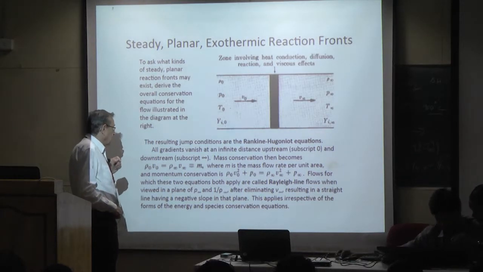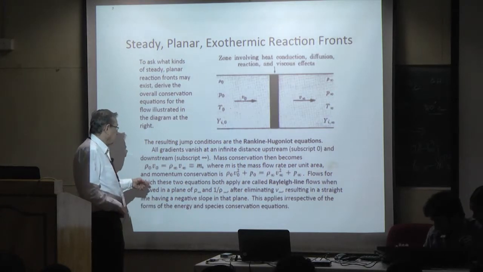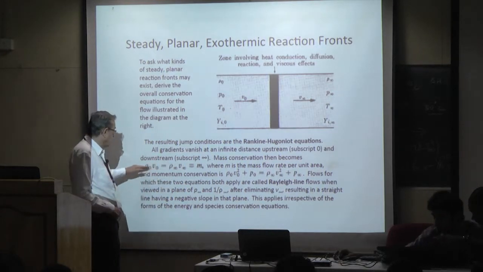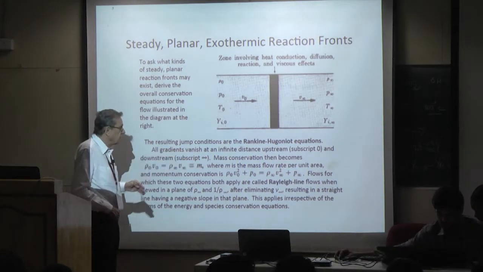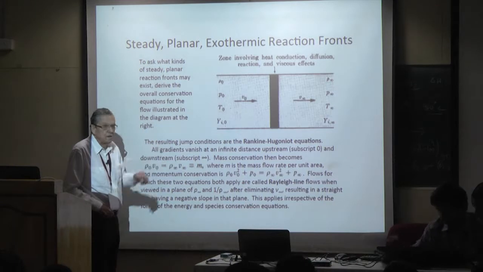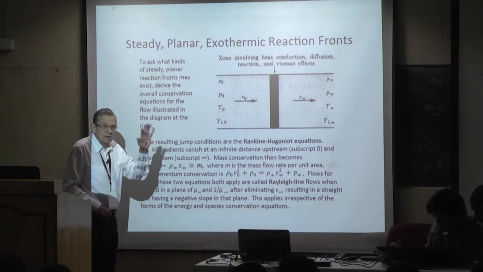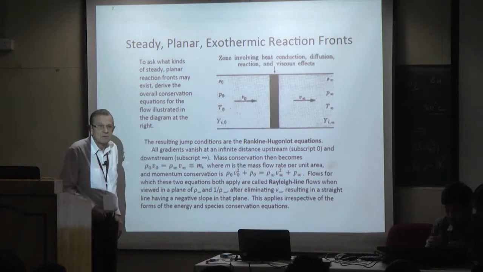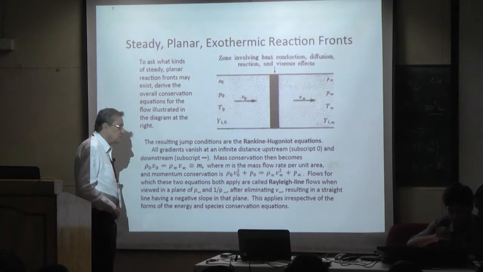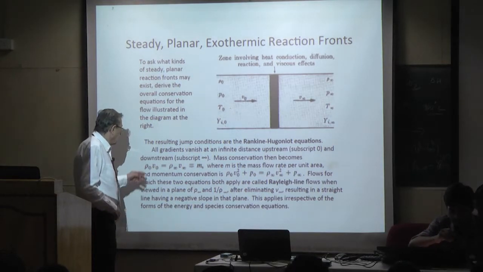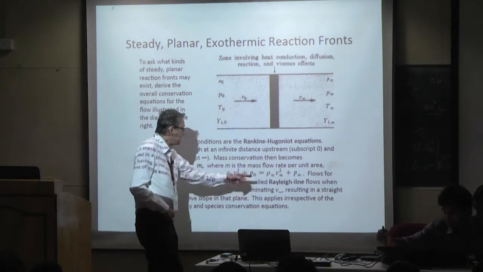And so it's possible, on the basis of mass and momentum conservation between upstream and downstream, irrespective of energy conservation, whether or not there's any energy release in the combustion process, to manipulate these two equations.